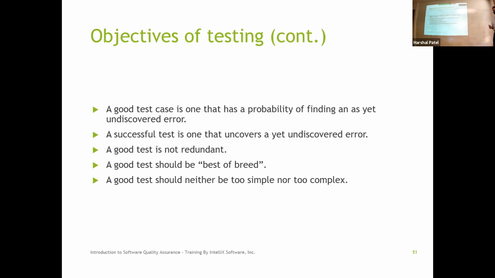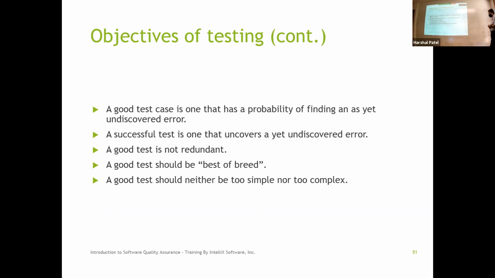So your goal, whenever you write a test case, is to make sure that you're able to discover an error. Right? So your intention, whenever you're running it, is to find an undiscovered error. And a successful test is the one that actually finds it.